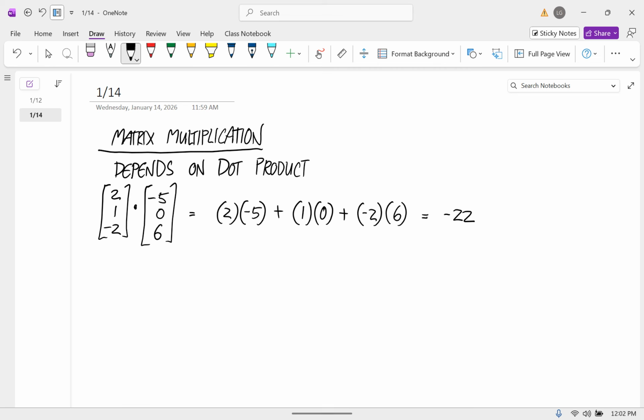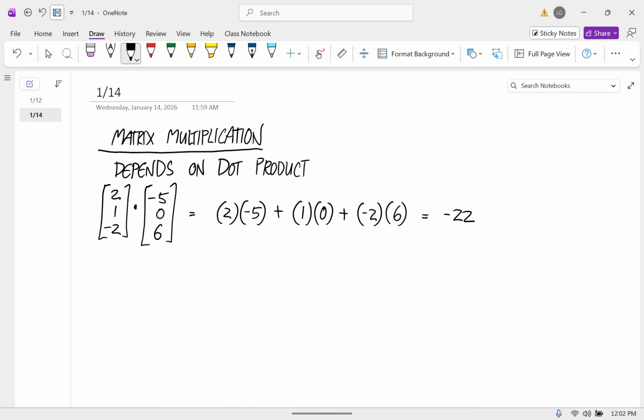As far as matrix math goes, you can write this two different ways. You can write it as a dot product like this, or you can write it where the left vector is a row matrix and the right is a column matrix, and you're simply multiplying those together.